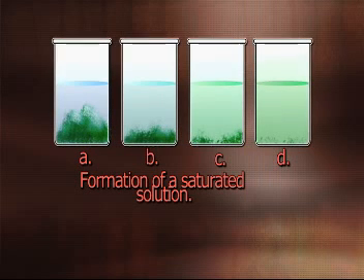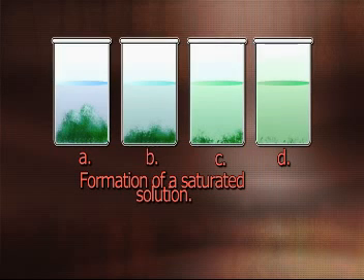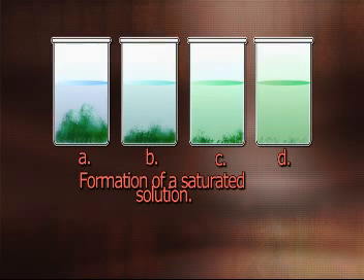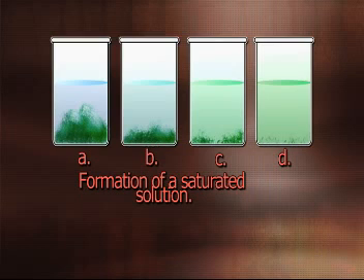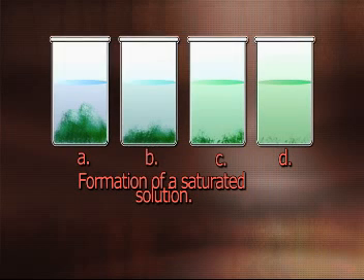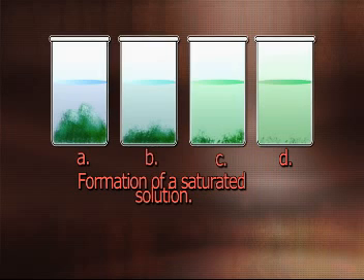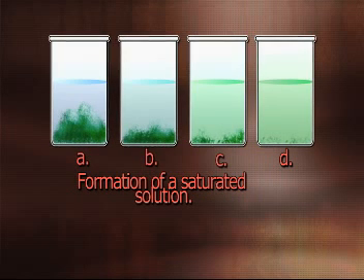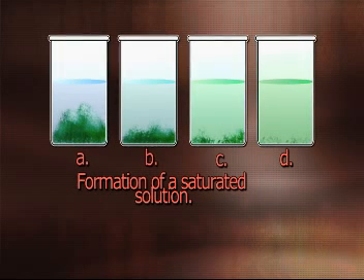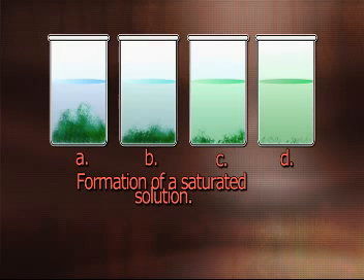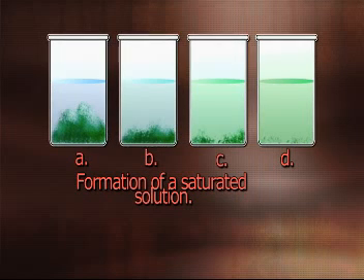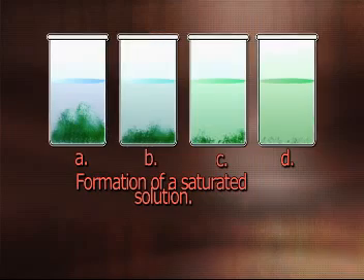In image C, the solute continues to dissolve, which suggests that the solution is still unsaturated. By image D, the solute has stopped dissolving. It has reached dynamic equilibrium with the solution, which is now saturated.